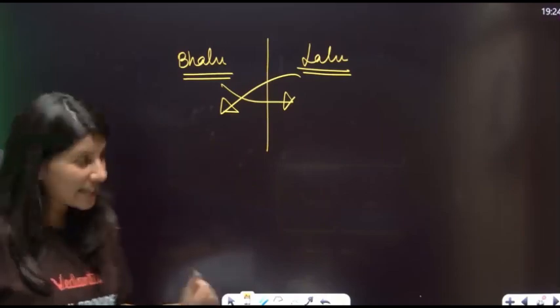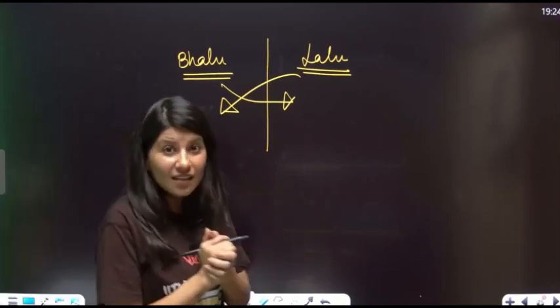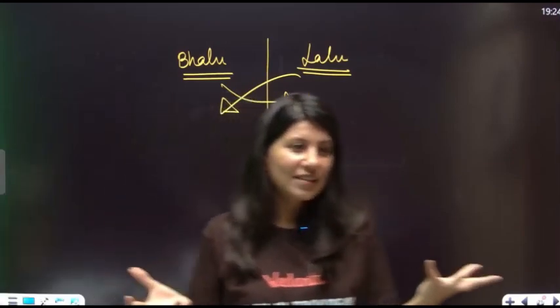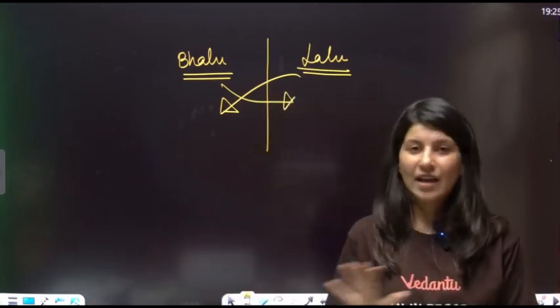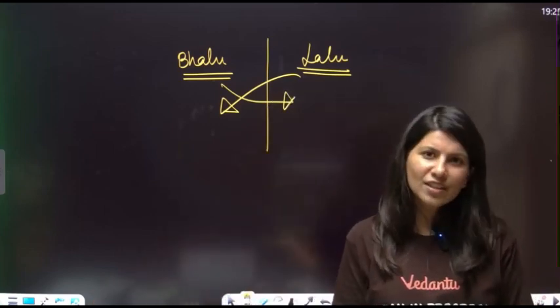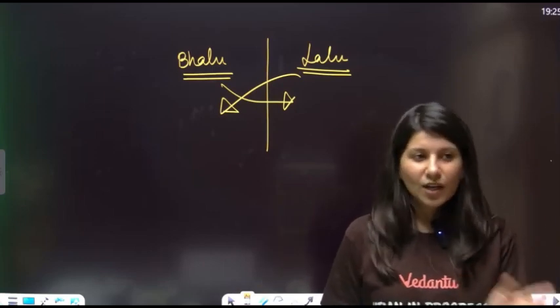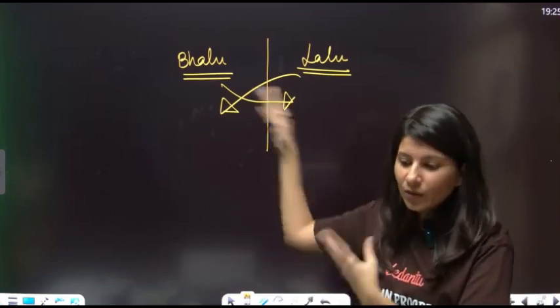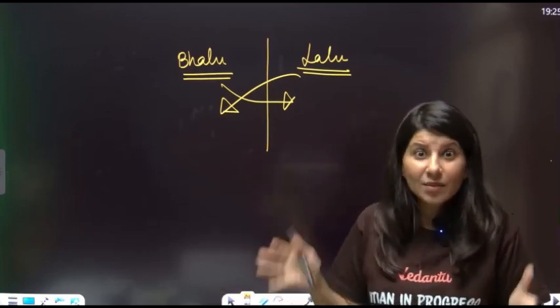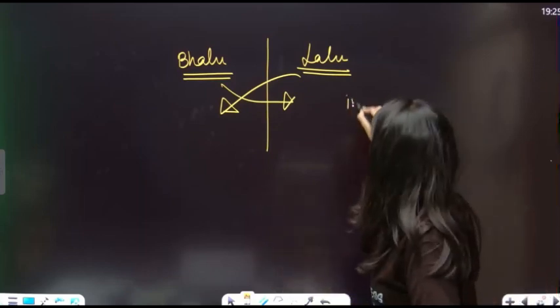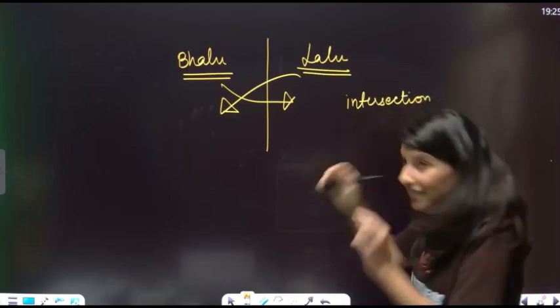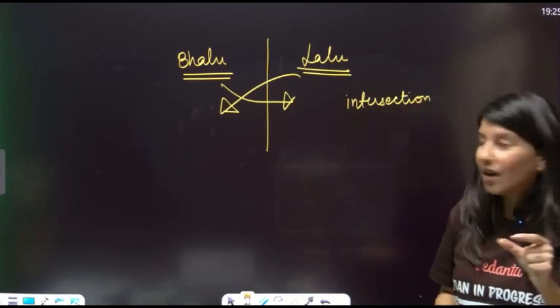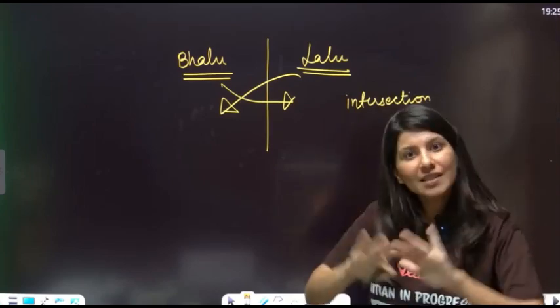But when they are in love, as in sibling love, and friendly with each other, then Bhalu can go to Lalu's room, and Lalu can go to Bhalu's room. That means a union. So this is actually intersection. Intersection means only the selected common area, and union means combined.